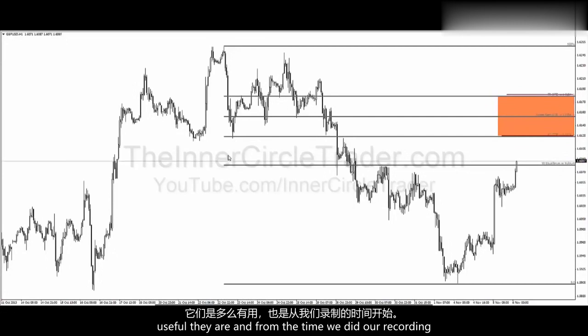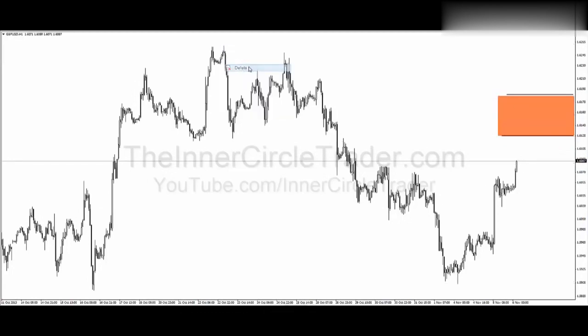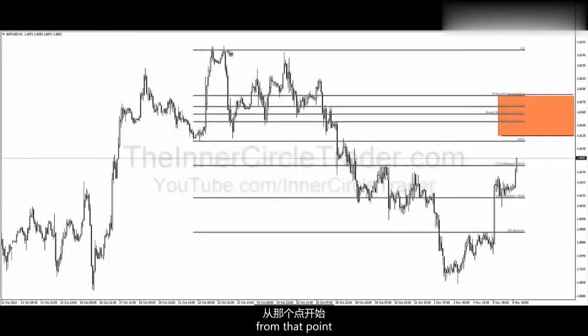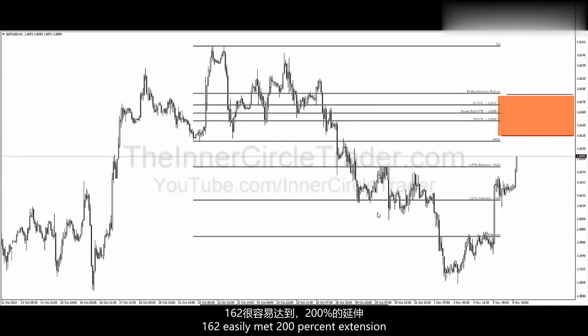And from the time we did our recording the last time, let's just give a sell scenario. We have this price rally up. When this low is violated, as it is here, this low becomes a fulcrum point, and any price action from that low up here, once it's violated lower, here's the 127, easily met. 162, easily met. 200% extension, easily met.